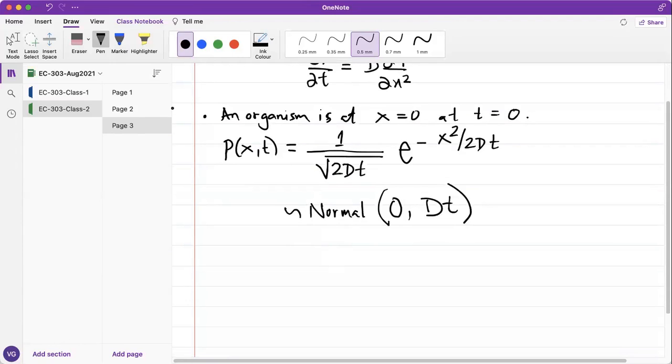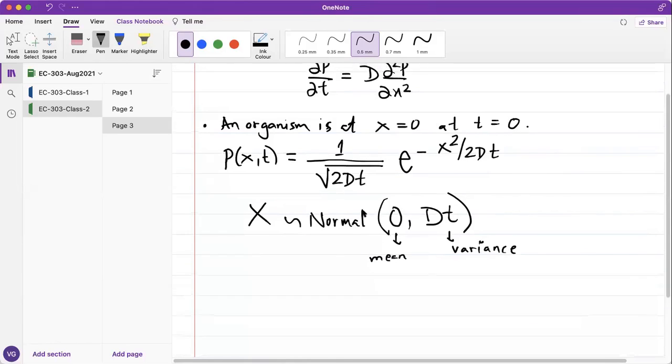This means that X is a random variable, the location of the animal at time t, and that's a normal variable. The first element in this notation represents the mean. The second represents the variance.